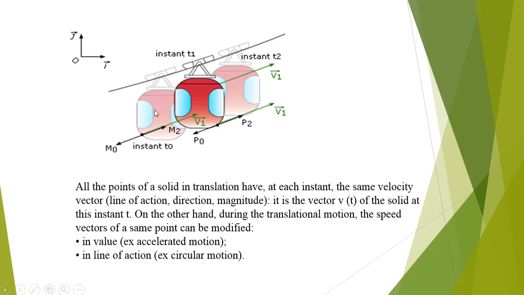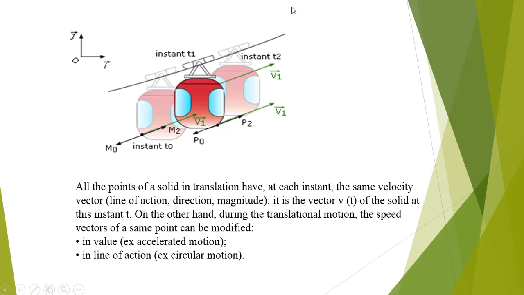For example, for the point M, between the two instants t1 and t2, the velocity vector at instant t1 has a value equal to 8 meters per second.